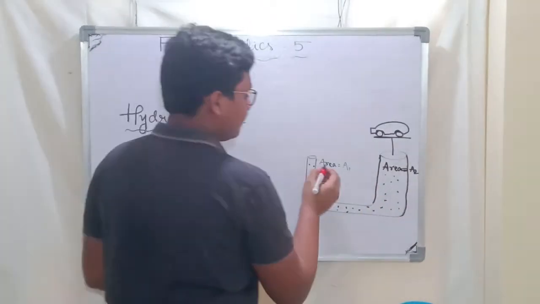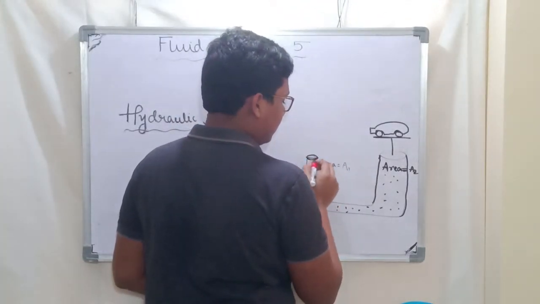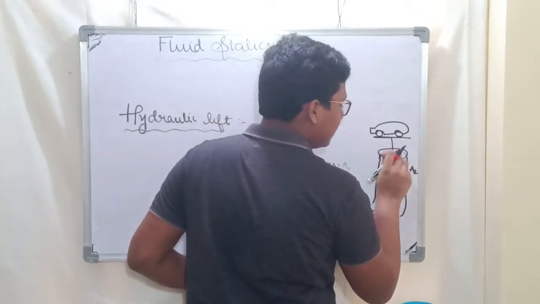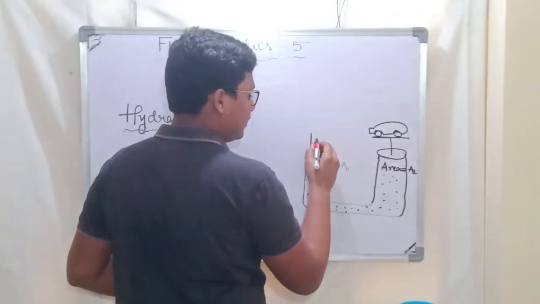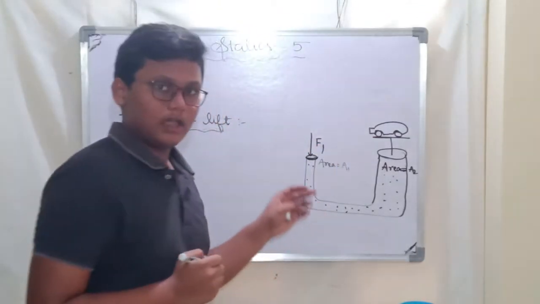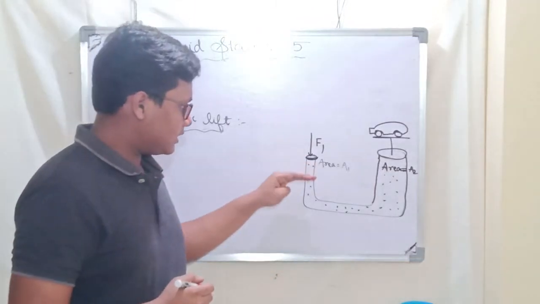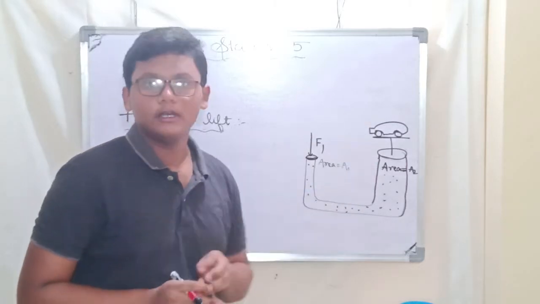Here there is a cross sectional area A1, and here the cross sectional area is A2. If we apply a force F1, then the pressure F1 by A1 is transmitted in the liquid equally.